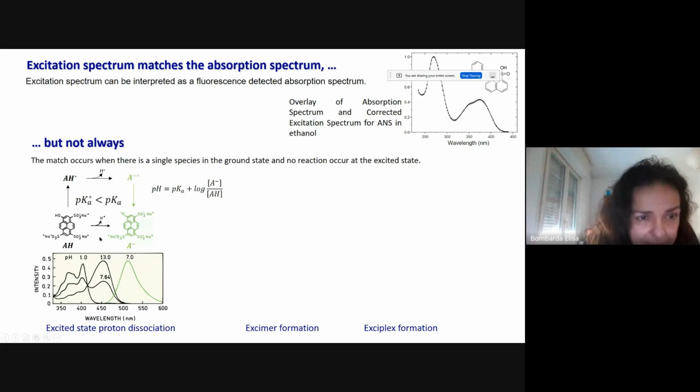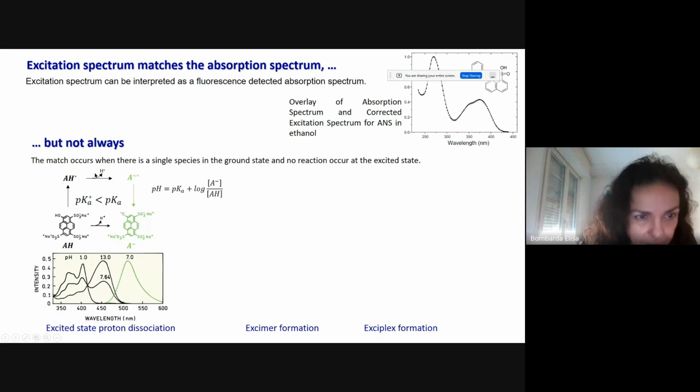Here we have an example of a molecule, this one, that is protonated in the ground state, but it deprotonates at the excited state. That means I can excite my molecule, and then while it is at the excited state, it deprotonates, and then fluoresces.